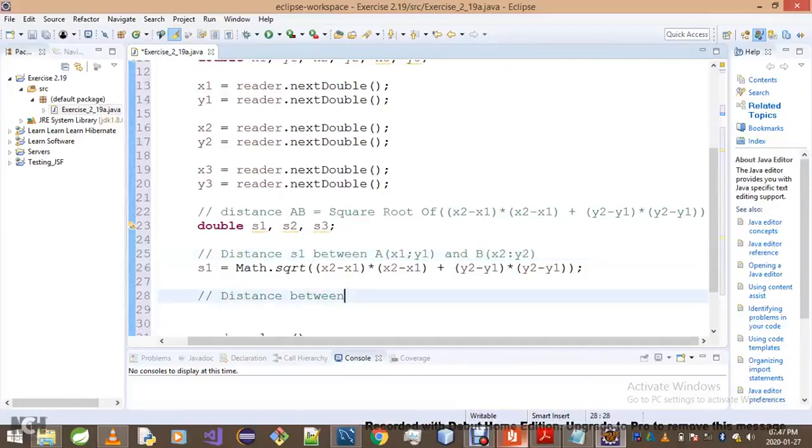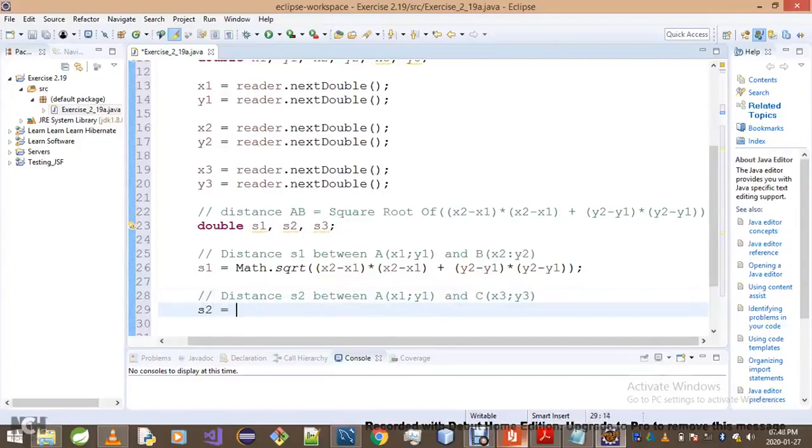Okay, so now this is the distance S2 between A and C. A is giving us x1, y1, and C is nothing else but x3, y3. So the distance S2 between A and C is what we're looking for.